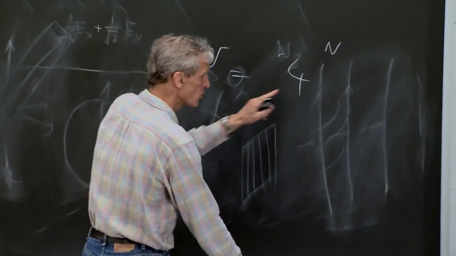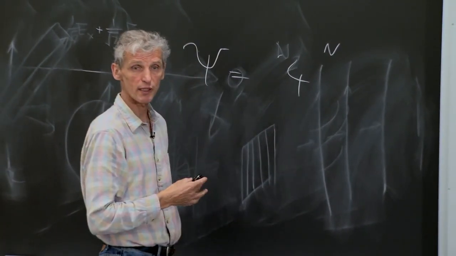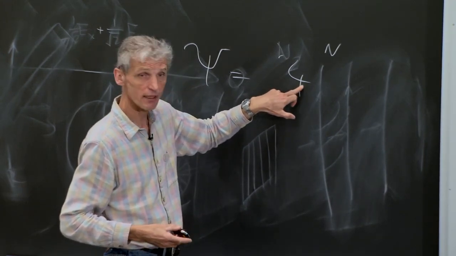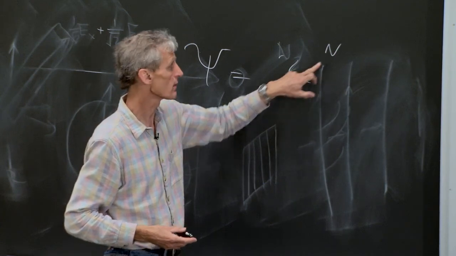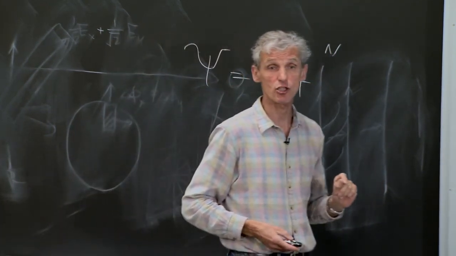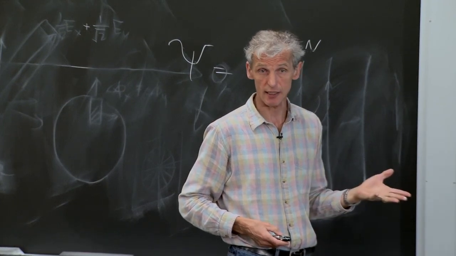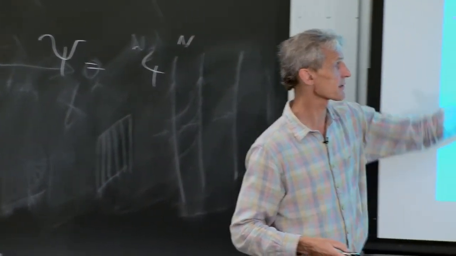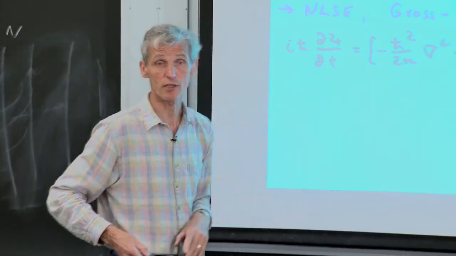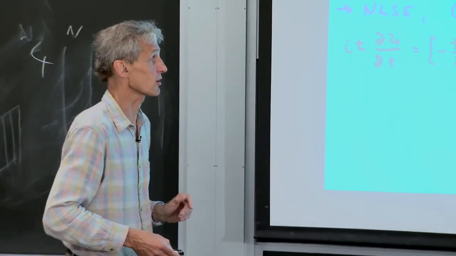And then you put this ansatz into your Hamiltonian and do a variational optimization: which single particle wave function psi, if taken to the power n, minimizes the total energy of n particles, including interactions. And the answer is this equation. So there are many ways. This equation is sort of very natural.